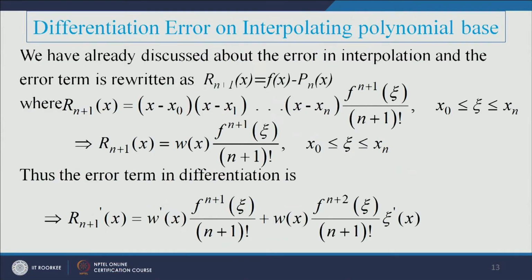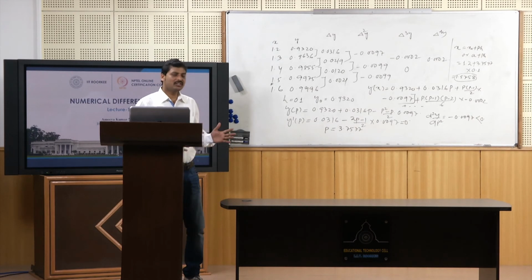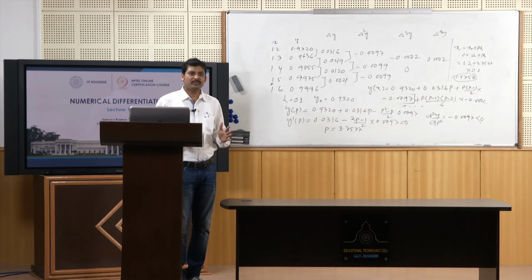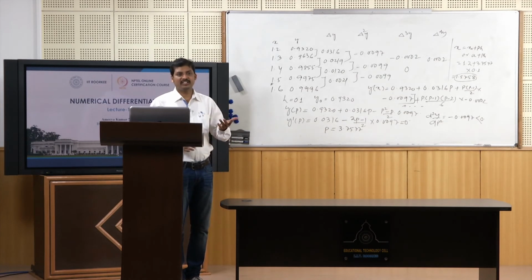Then we will go for the error approximation in the interpolating polynomial case. For that we have to consider Newton's forward difference formula, backward difference formula, or divided difference formula to evaluate this error at different points.